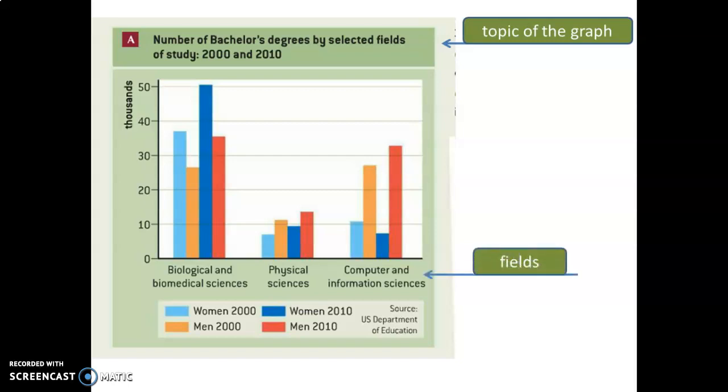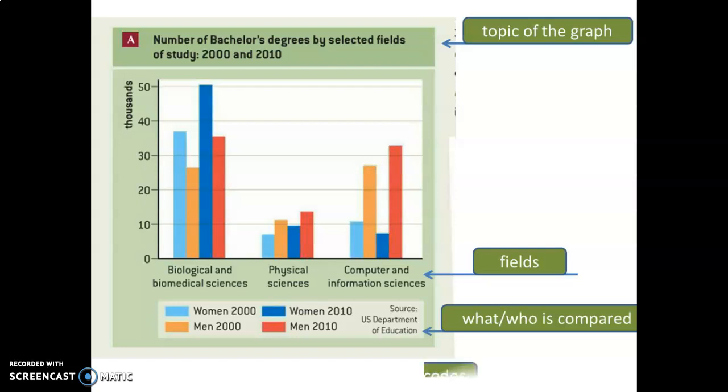These fields are given here, as you can see. And you need to look at who or what is compared. So here we have women in 2000 and 2010, and also men in 2000 and 2010. And lastly, of course, color coding is very important in these types of charts and graphs. So you can see the colors here. Okay.